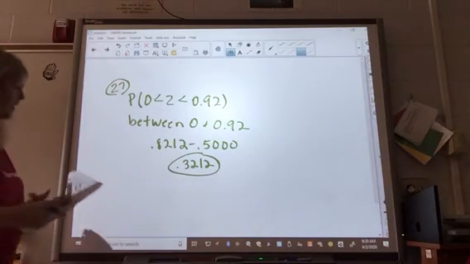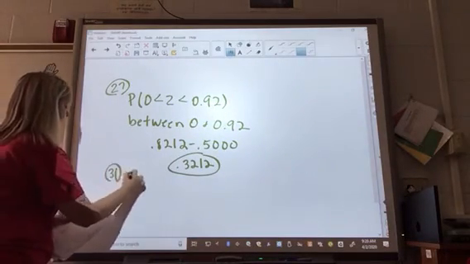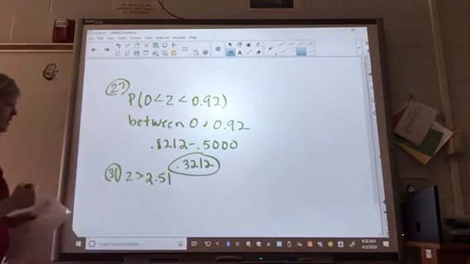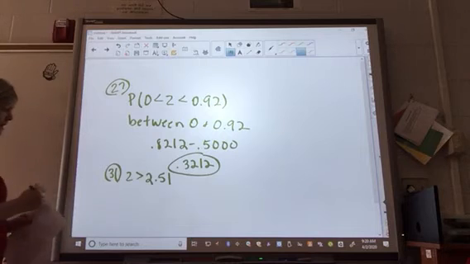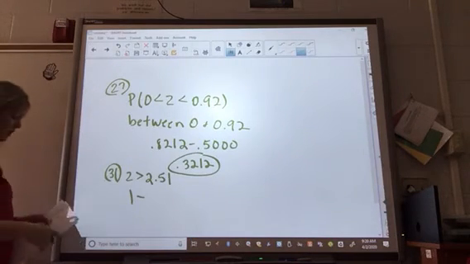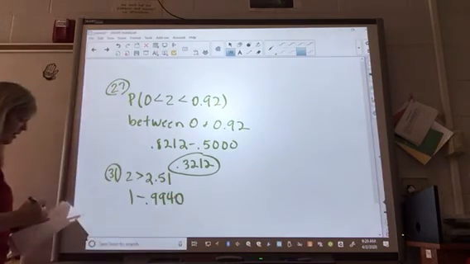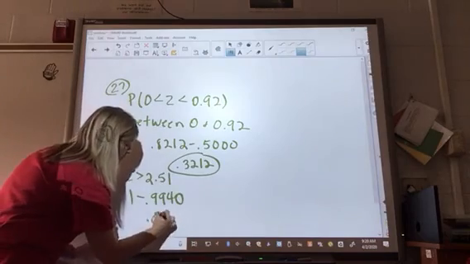Okay, 31 says z is larger than 2.51. So I'll find 2.51. But I'm going to have to subtract it from 1 because that's to the right. Answer is 0.0060.